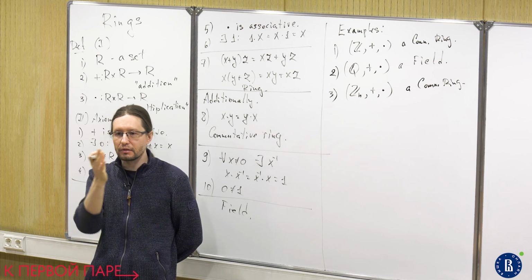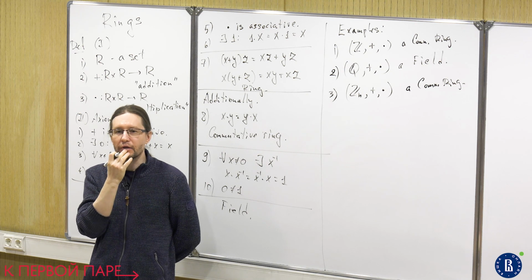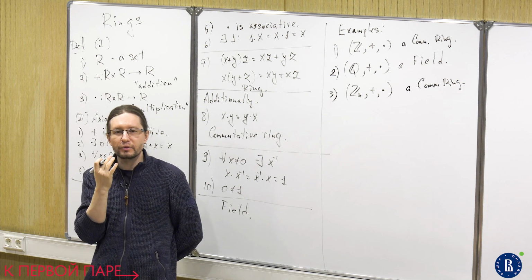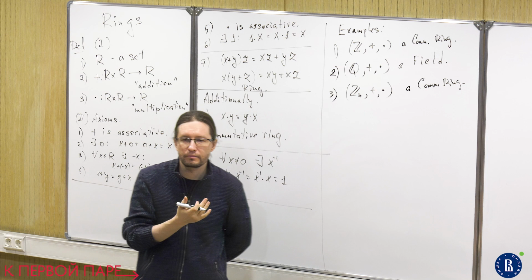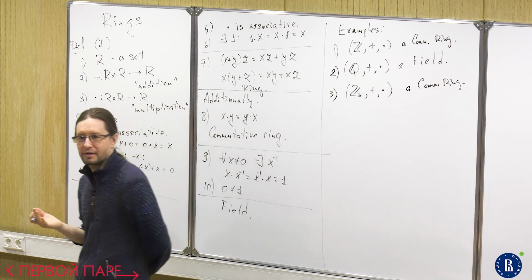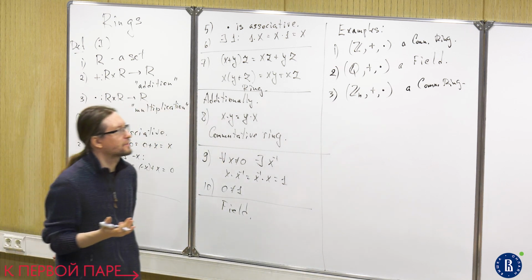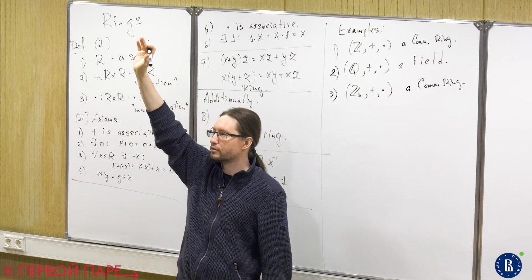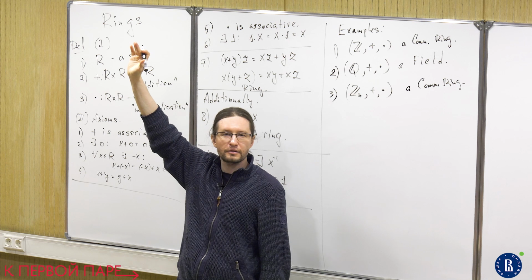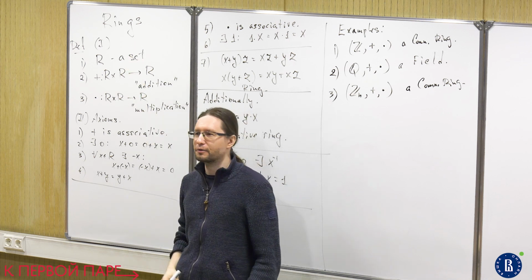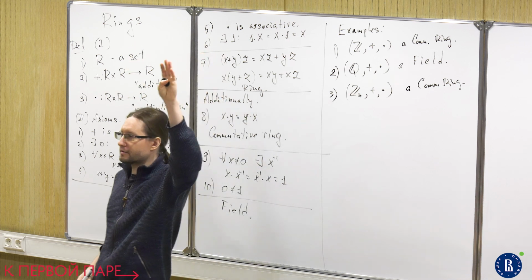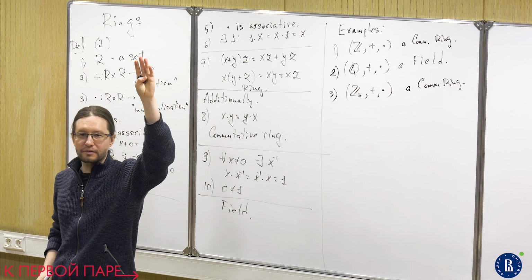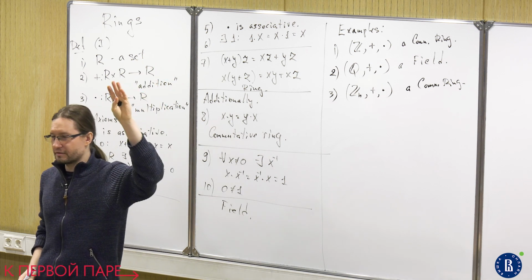Who thinks that, what? Okay, you know, what is the best way to prove a theorem? Voting. Let's try to vote. Who thinks that this is a field? Okay, 1, 2, 2 hands. Okay, who thinks that this is not a field? 1, 2, 3.